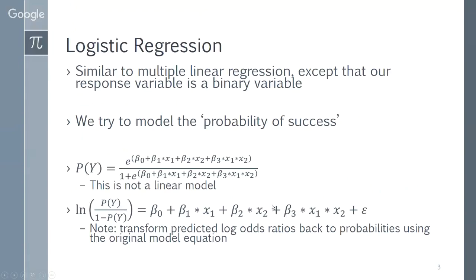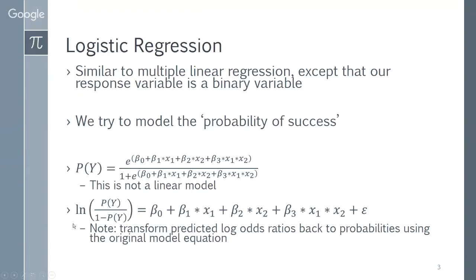This is called a generalized linear model. The only difference between this and multiple linear regression is that there's a transformation here. We've transformed the response variable. Now, there are also implications for our error terms, but really, when I say generalized linear models, that's what it means. The error terms are going to have some distribution, and it's going to vary.